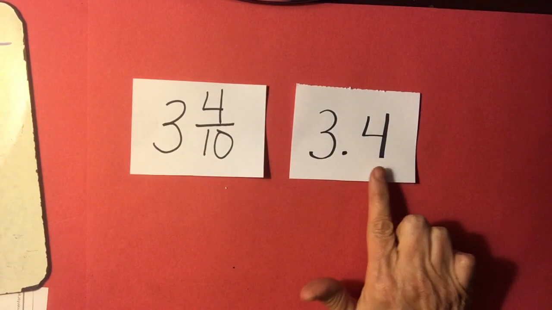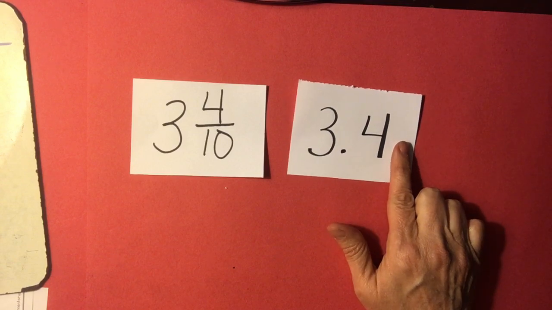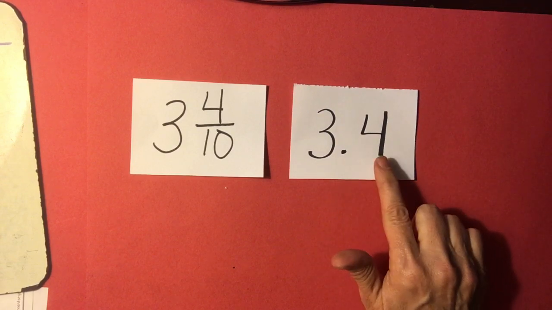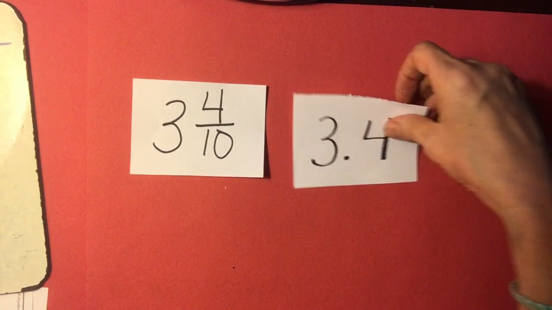So when we say 4/10, we're not going to put a 0 there, even though there isn't a 0 in the hundredths. We can just write 3 4/10. Okay? All right, next one. 6 95/100. Write it as a fraction and as a decimal.